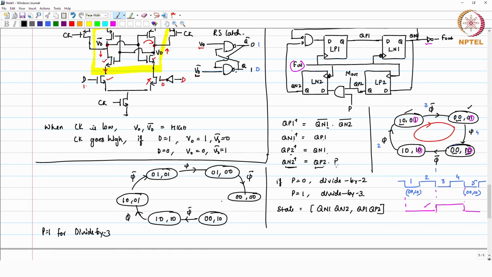So, you get 0 0. Then you get rising edge of the clock, this remains 0 0 and your QP2 is QN1 and QP1 is QN1 bar, QN2 bar. If QN1 bar and QN2 bar is 1 0.